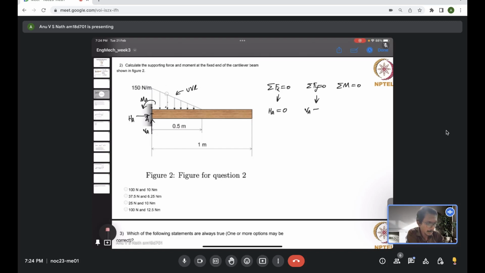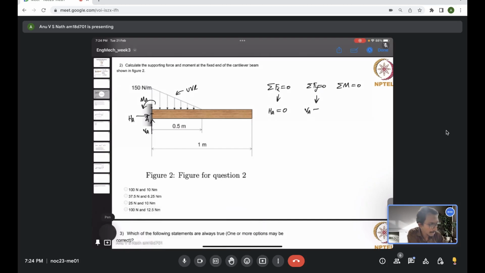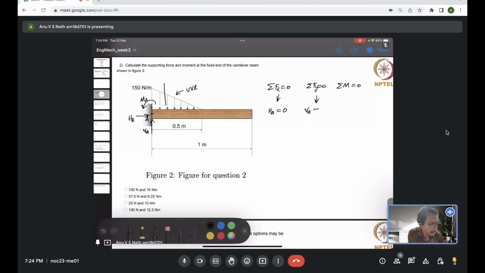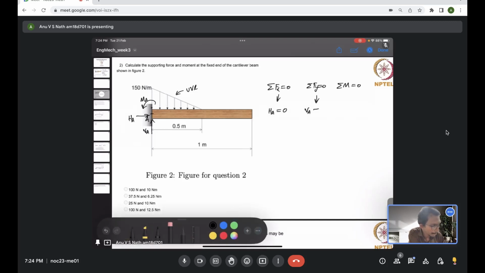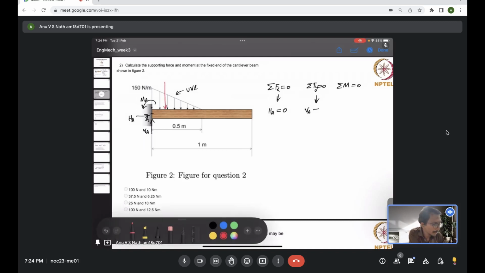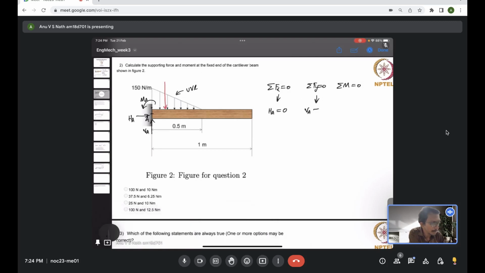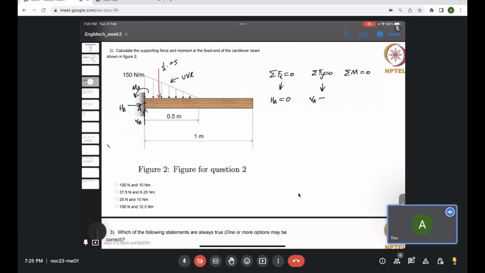Let me draw it with a different color. I can replace the entire UVL with a force whose value is half into base, which is 0.5.